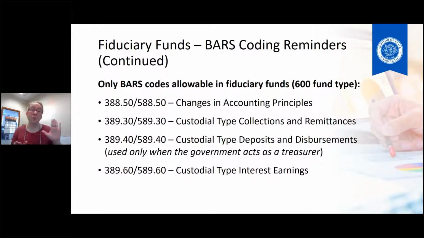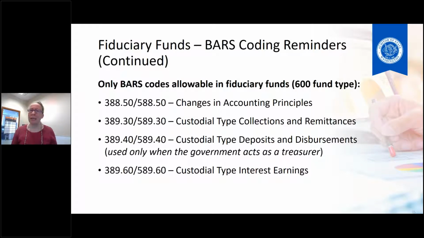And we had to move them over into our general fund or the appropriate fund. That was a change in accounting principle. Nobody made an error, we just changed the rules. So we used the 38850 and the 58850 to make that change.